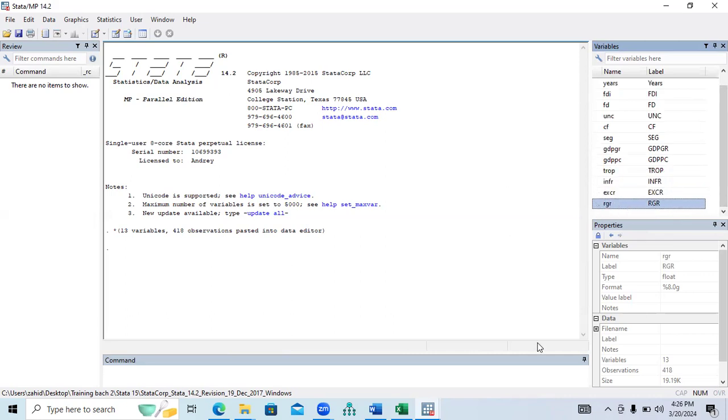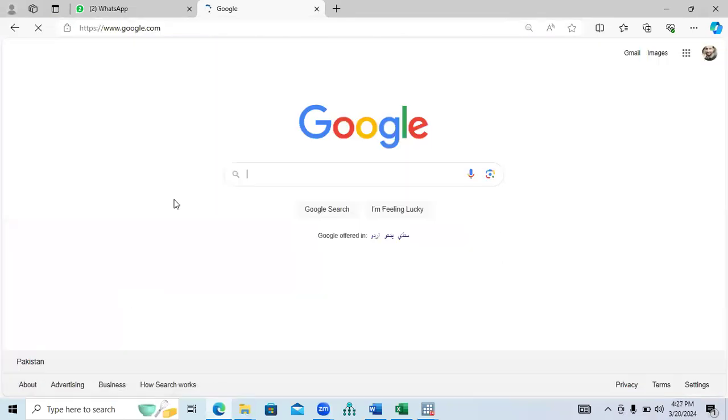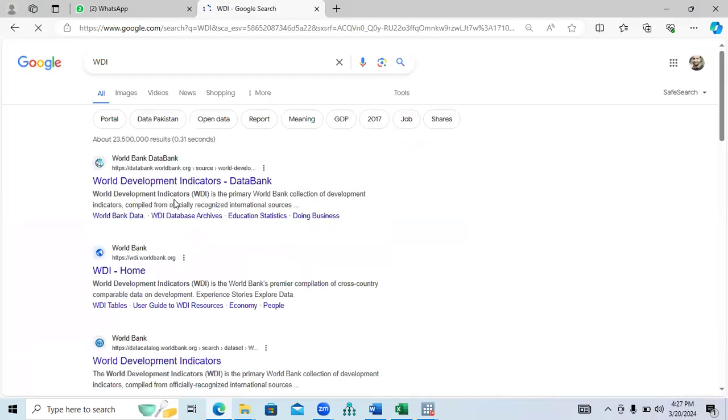All these variables are extracted from WDI. If you would like to extract the variable data, you can search for WDI. This is basically a database used for most macroeconomic variables.